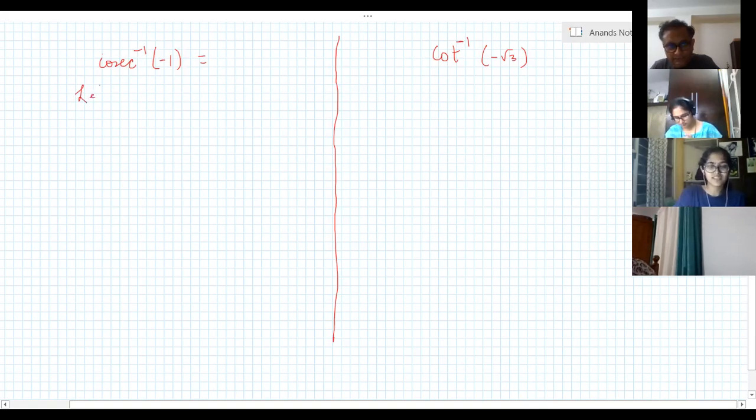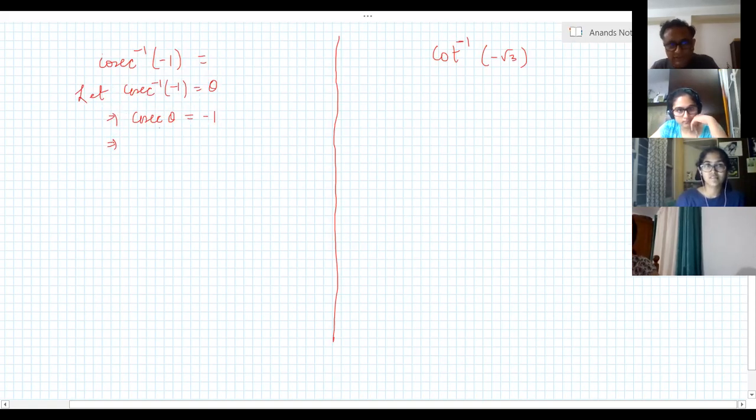Let cosecant inverse of -1 equal to theta. Then cosecant theta is equal to -1, and cosecant theta is equal to cosecant of -π/2.